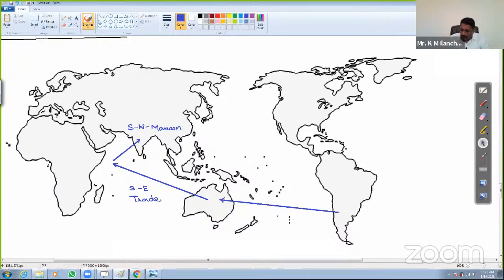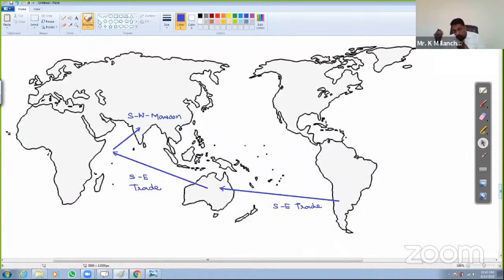So what I understand, the immediate source of southwest monsoon is the southeastern trade of the Indian Ocean, and the indirect source is the southeastern trade of the Pacific Ocean. So it is something like a chain reaction.